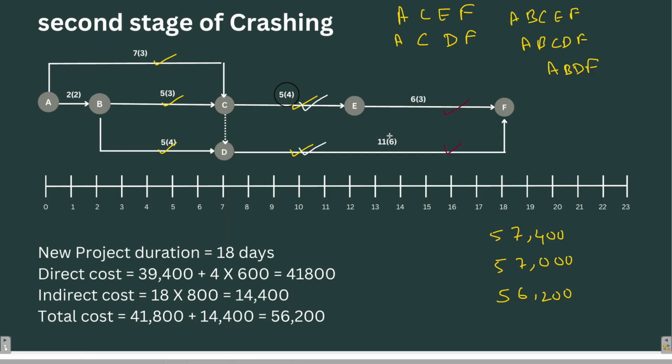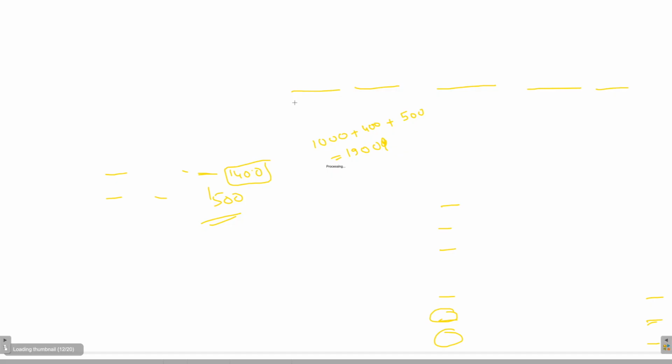So this was the position after the second stage of crashing. After crashing CE and DF for one day. Why one day? Because the normal duration is 5 days, while the crashing duration is 4 days. So the crashing potential is of only one day. So we can crash CE only for one day, right? After crashing it for one day, what will be the situation?